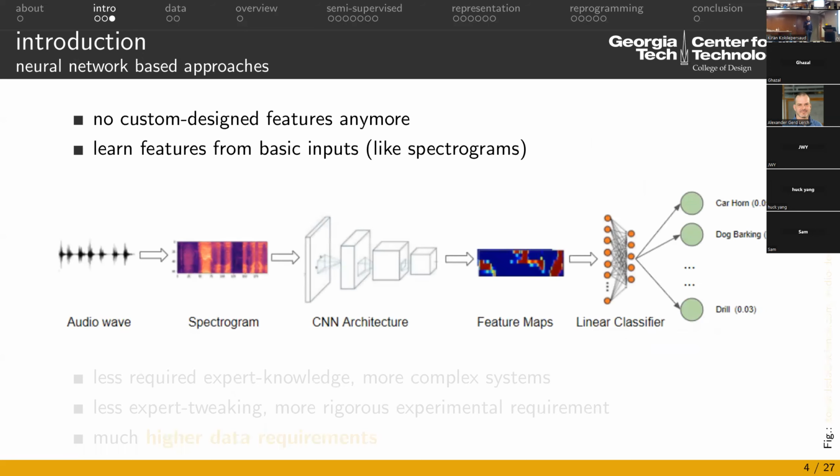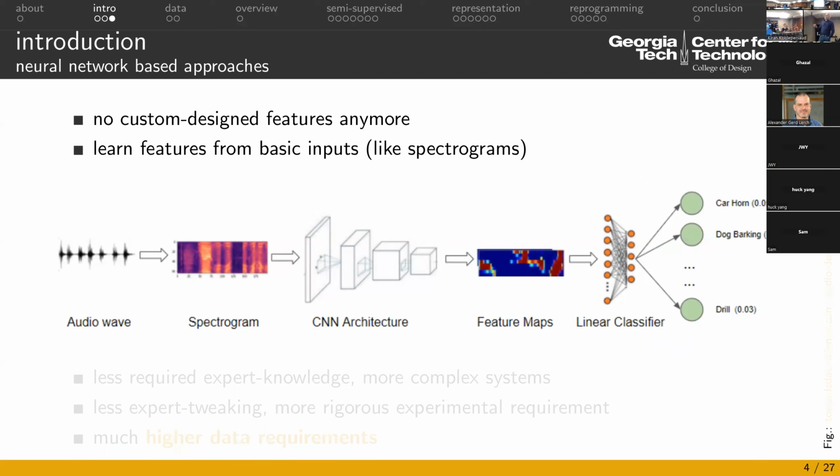Nowadays, this is an example of a more or less typical workflow in audio classification. So we have this neural network-based approach. Very typical is a CNN architecture. That's nowadays a current baseline system for this classification.